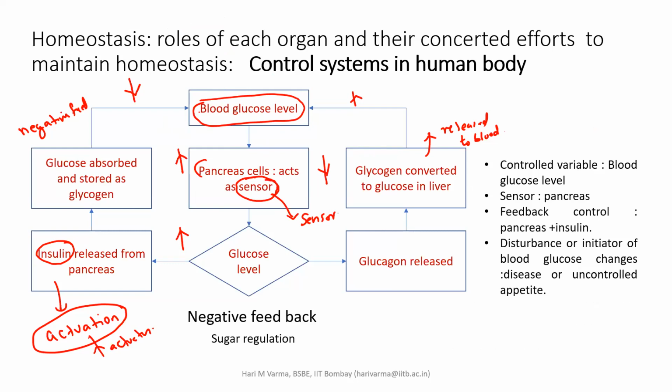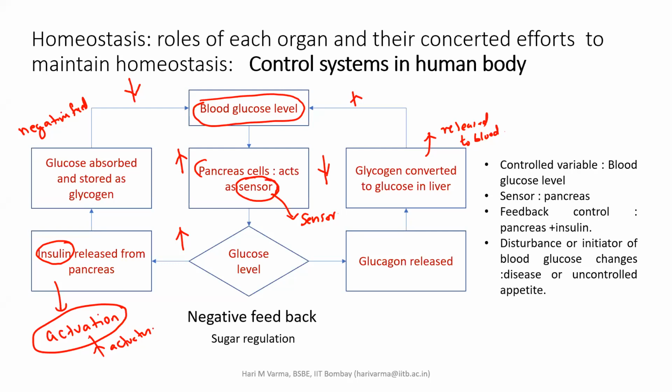If you want to maintain something constant, what should be your first step? Suppose I want to maintain a constant temperature in a room. What should be your first step as an engineer? What should you think about? Of course, you can buy an air conditioner, but that's a different story.